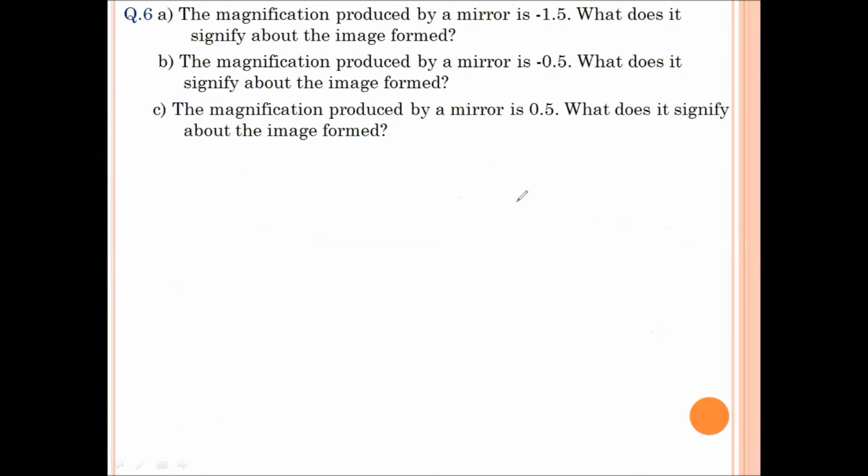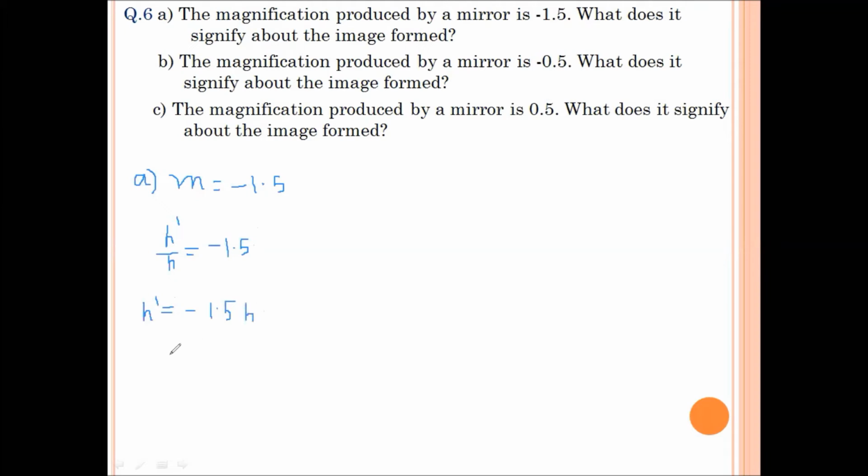Question number 6, A part. The magnification produced by a mirror is minus 1.5. What does it signify about the image formed? So in A part, the magnification is given as minus 1.5. So we can write h dash by h equals minus 1.5, and h dash can be written as minus 1.5 h.